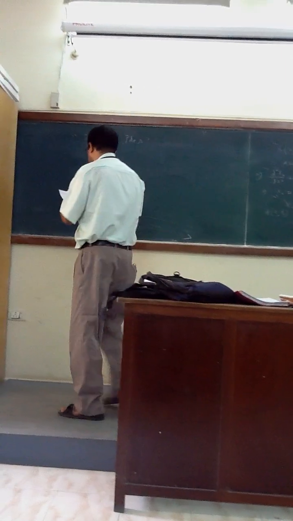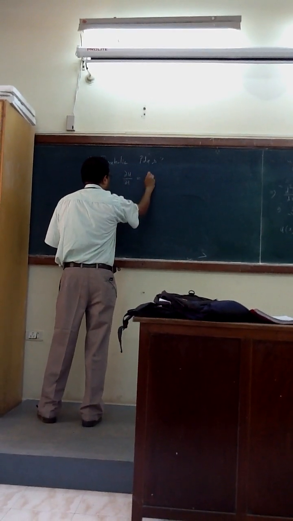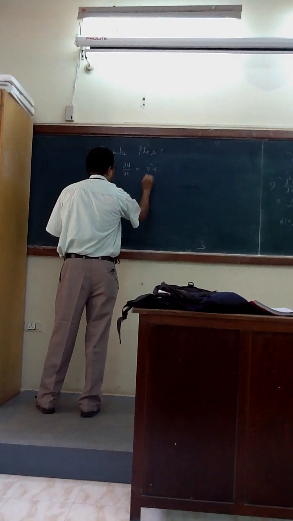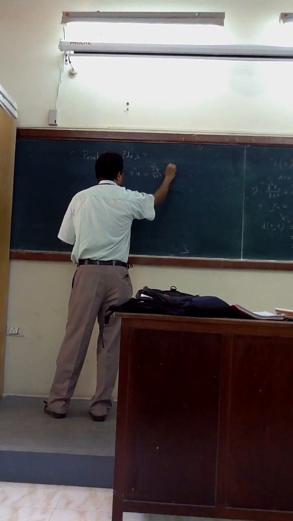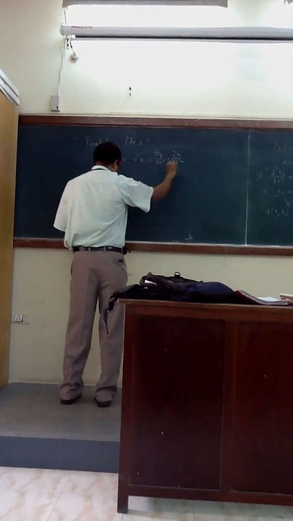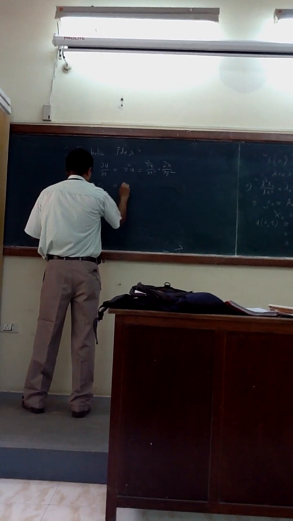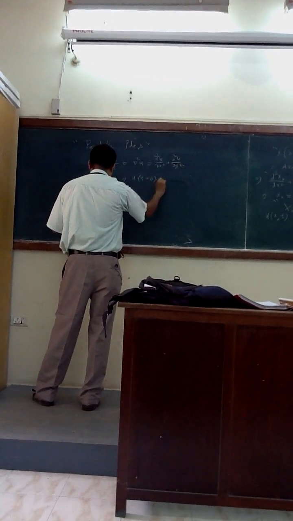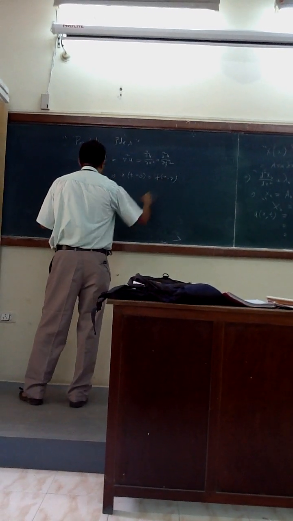So, higher dimensional: dou u by dou t equals grad squared u, which here I am assuming is dou squared u by dou x squared plus dou squared u by dou y squared. Initial condition: u at t equals 0 is a function of x and y.